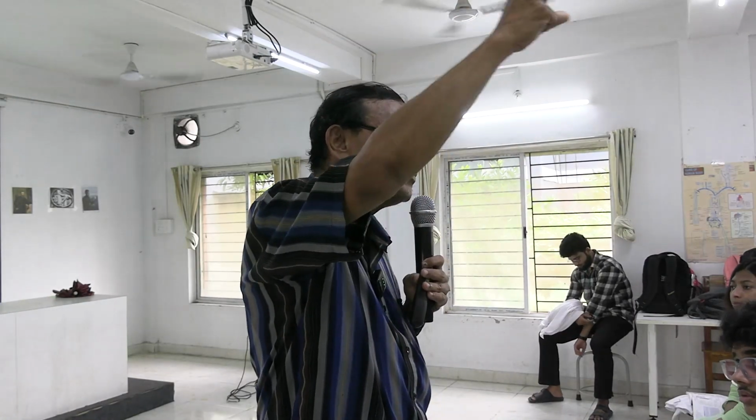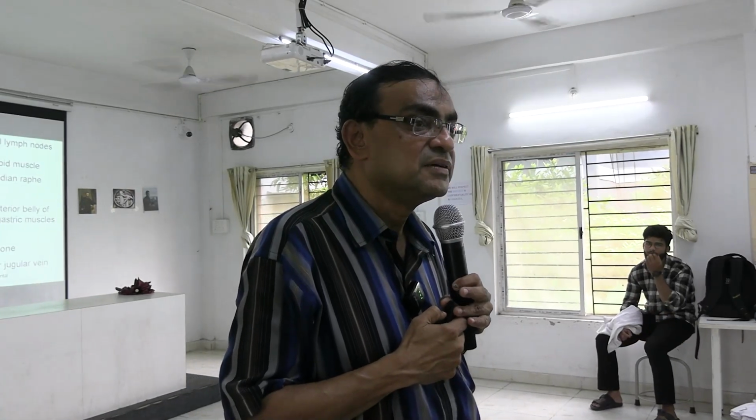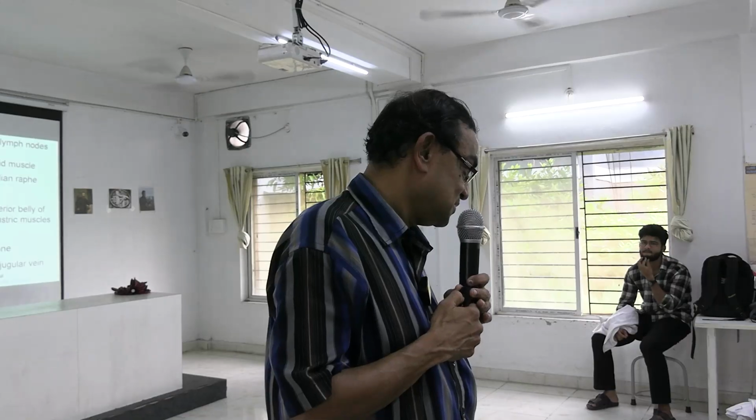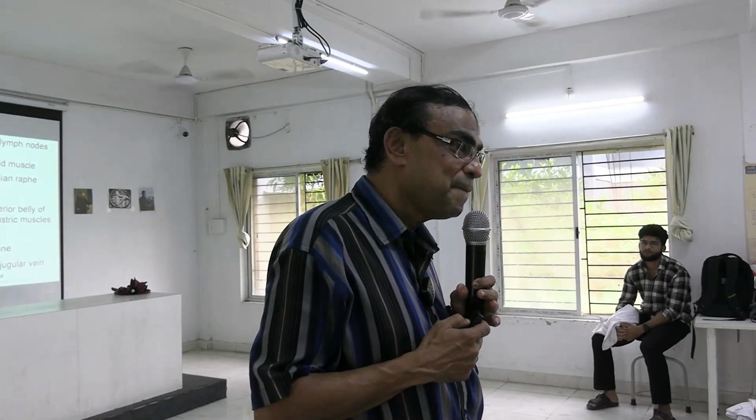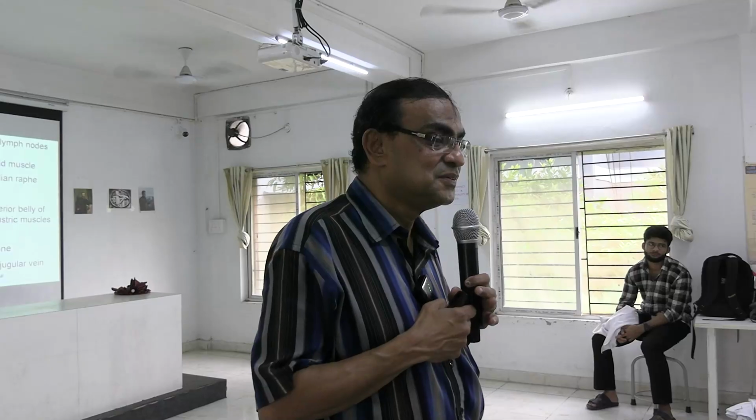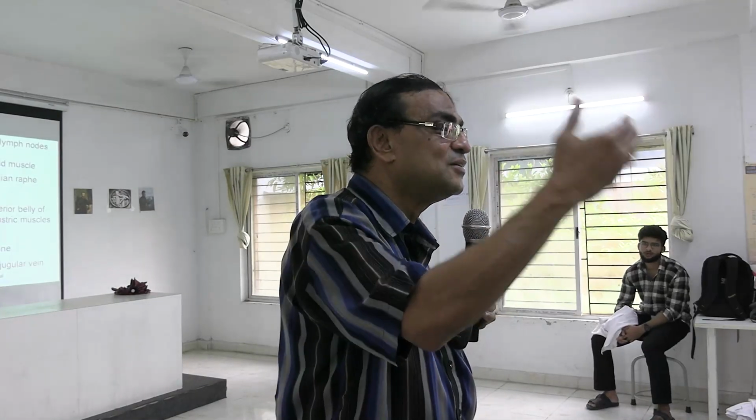Though all these muscles take origin from the same styloid process of the temporal bone, their destiny is different, and the nerve supply is different. Stylohyoid is supplied by the facial nerve, stylopharyngeus by the ninth cranial nerve, that is glossopharyngeal, and styloglossus, going to the tongue, is supplied by the hypoglossal. 7th, 9th and 12th cranial nerve.